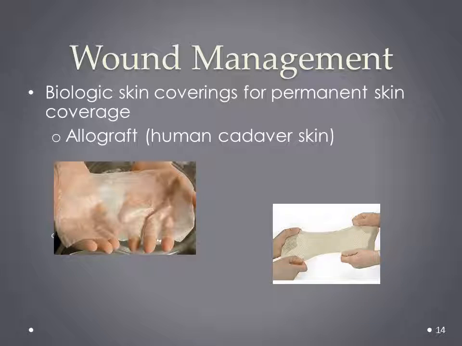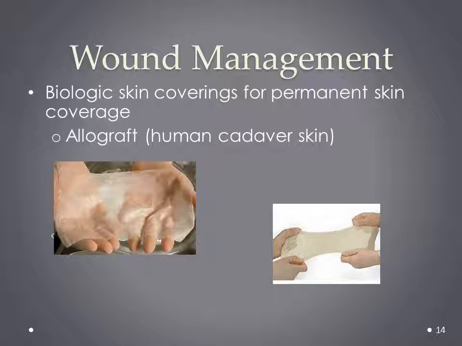Now we're going to talk about how we close the wound. Depending on how much damage the fire did, there may not be enough skin present to cover the wound, so we may use biological skin coverings for permanent skin coverage.